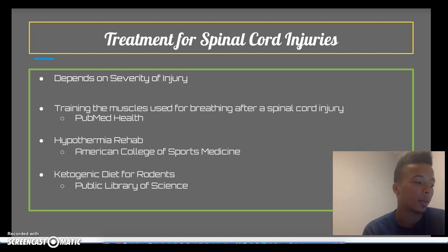Hypothermia has been used for many years to protect nervous tissue from various injuries, including cerebral ischemia and trauma. It's also been used regionally to reduce spinal cord temperatures during surgical procedures, such as decompression surgery. So for treatment, hypothermia is usually initiated 30 minutes after trauma over subsequent weeks.